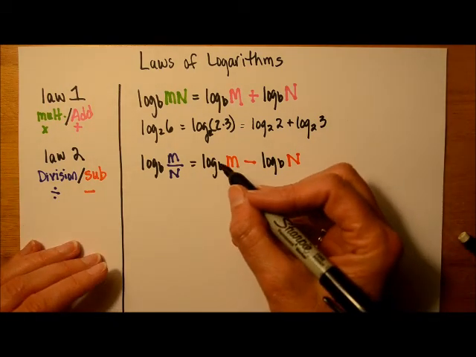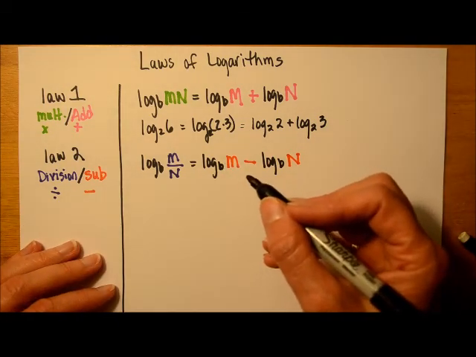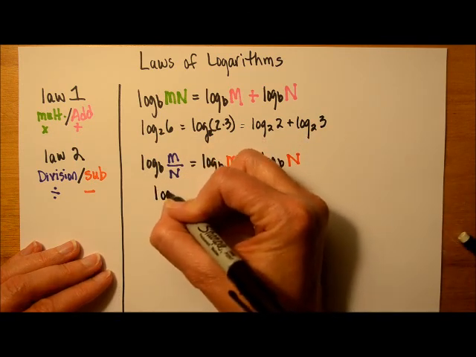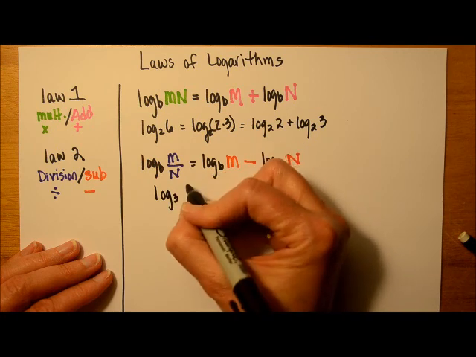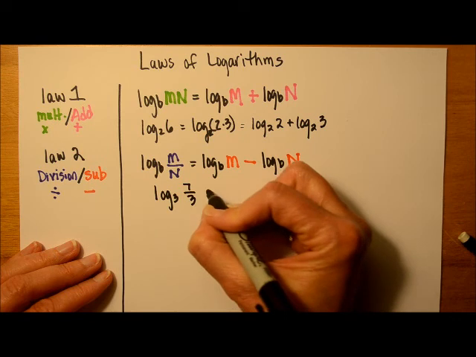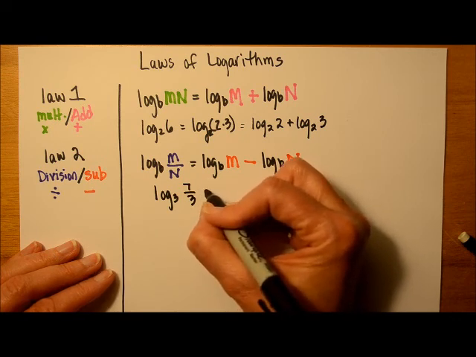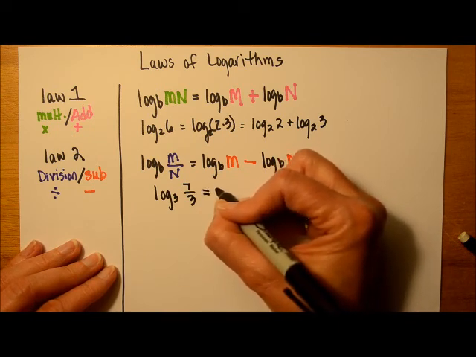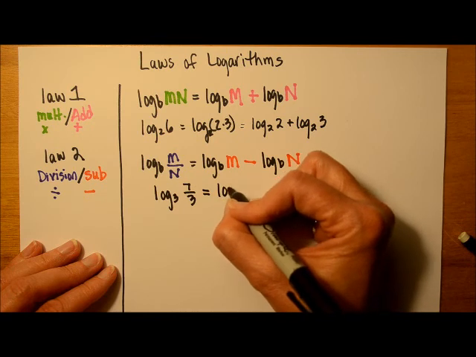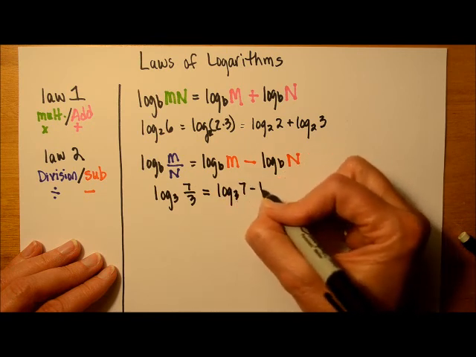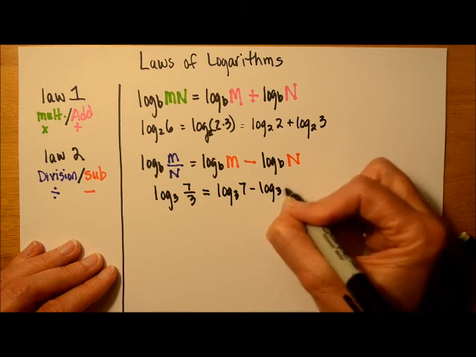Let me give you an example of this one. How about this? Log base 3 of 7/3 equals log base 3 of 7 minus log base 3 of 3.